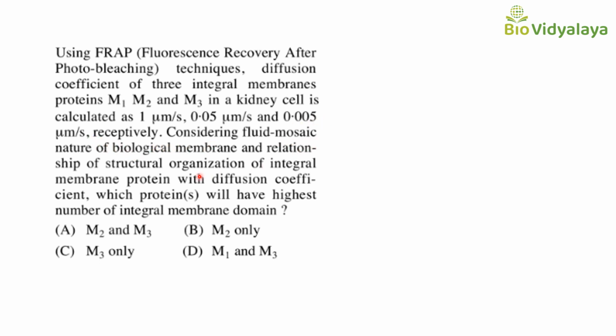Considering the fluid mosaic nature of biological membrane and the relationship of structural organization of integral membrane protein with diffusion coefficient, which protein will have the highest number of integral membrane domains? Options are: A, M2 and M3; B, M2 only; C, M3 only; and D, M1 and M3.